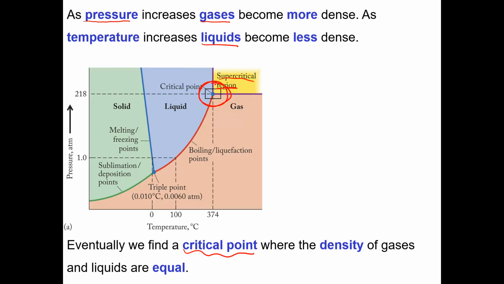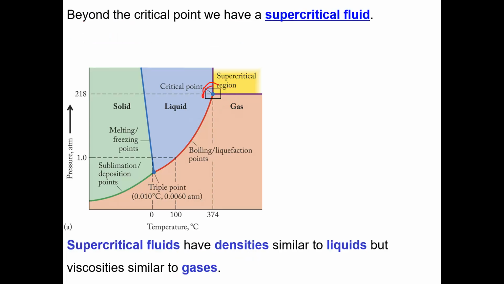And what we have is we no longer have a liquid and a gas in equilibrium, but we have a supercritical fluid that has a density that's sort of in between that of liquids and gases, but a viscosity of gases, where there's a tendency for the substance to fill its entire container.